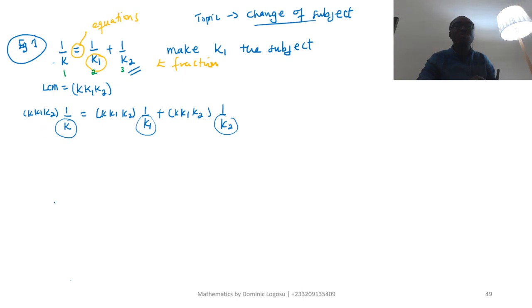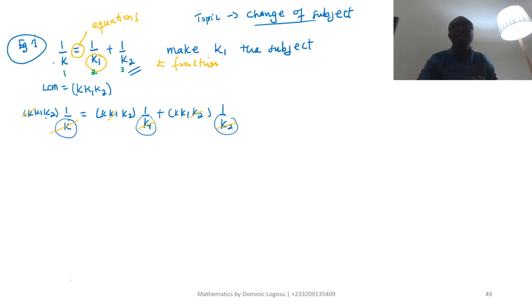So we are going to use the things in the bracket to cancel out the denominators. This will cancel the k in this, and then the k1 will cancel the k1 here, and then the k2 will cancel the k2 here. So now that we've done that, we can rewrite this.